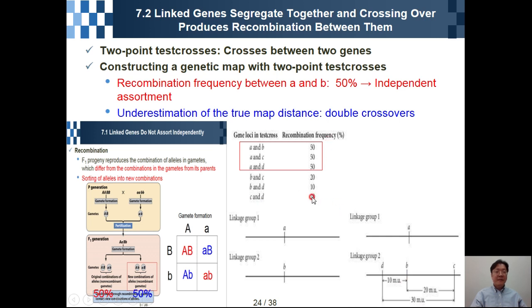It means that C and D are too far apart, so an underestimation of the true map distance happens because of a double crossover between C and D. That's why the recombination frequency was 28%. So the actual distance will be 30 map units, because between C and D a double crossover happens.